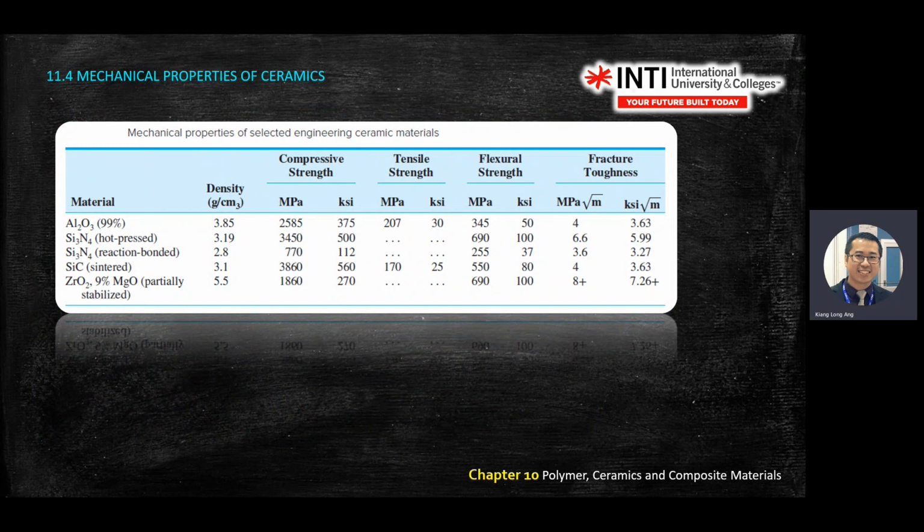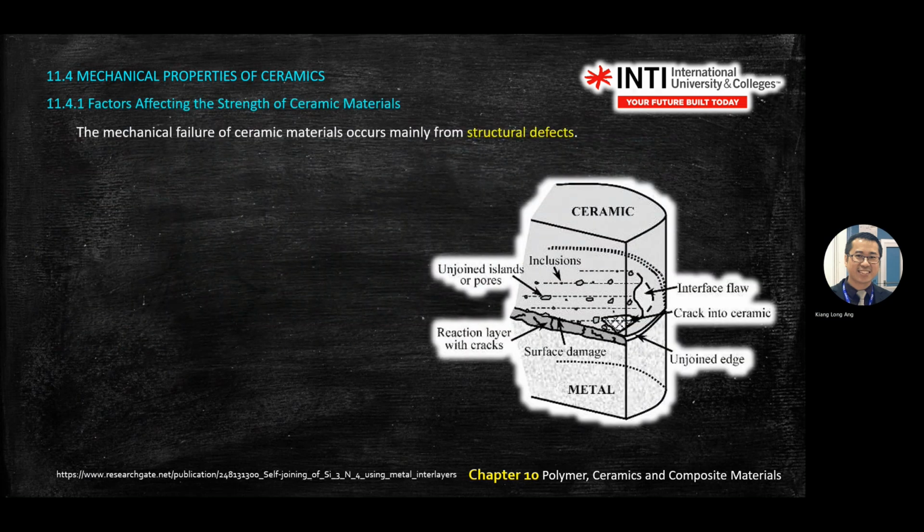So again, mechanical properties are our focus in our mechanical engineering program. If you look at this one, the density, the strength, tensile strength, fracture toughness, and so on. There are some calculations to get all these parameters. The factor affecting the strength of ceramics is mainly structural defects, such as a hole, impurity, or imperfection inside.